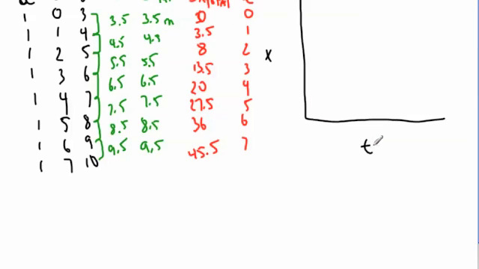In other words, along the time axis we put in 1 through 7, and along the displacement axis these numbers here. And if we did that, we would find something like this, where the slope early on here would be 3 meters per second, the initial velocity.